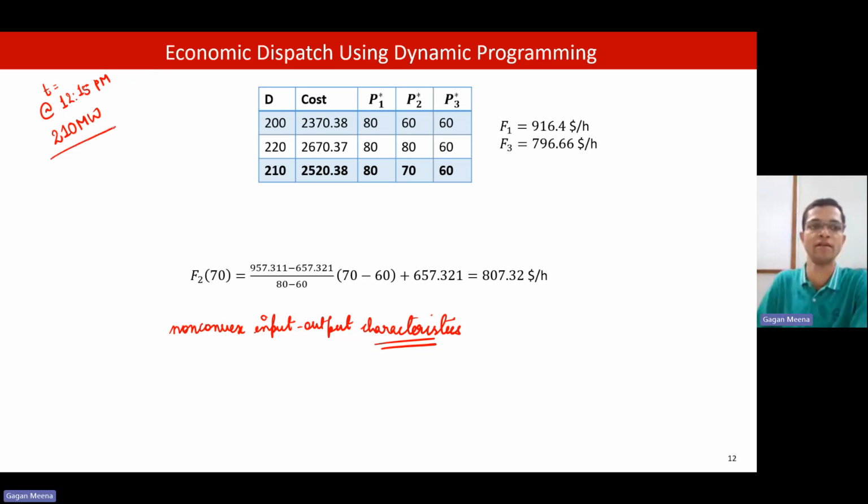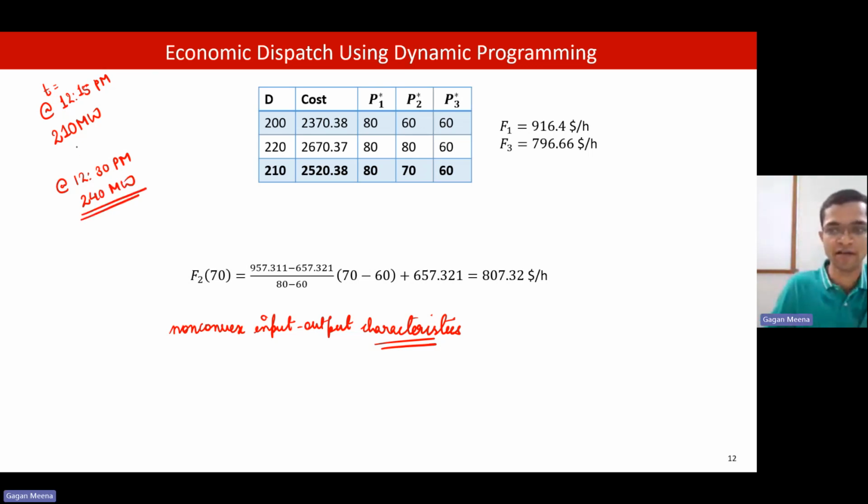This is the demand. As per this, we are going to calculate economic dispatch for each time block separately. Let us assume that this is 280.